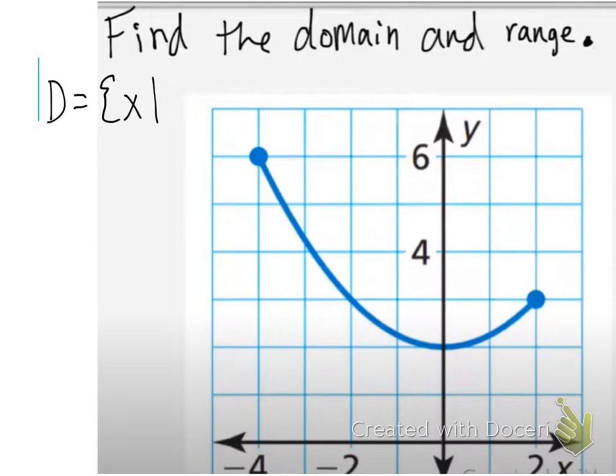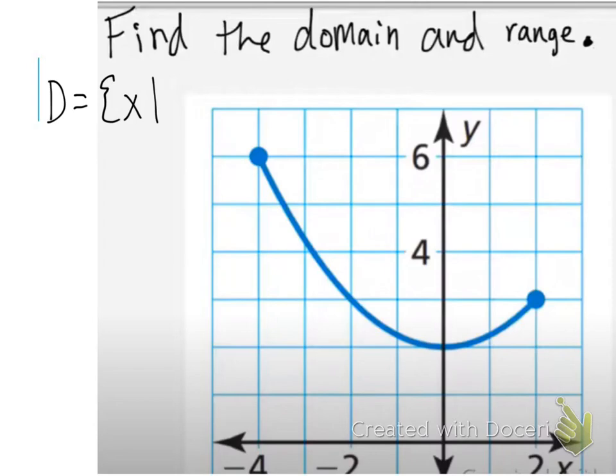Domain equals the set of all real numbers x, such that... yesterday we put x equals and we just listed our x values, correct? So, my domain is my set of x values. What x values help make up this blue curve right here?